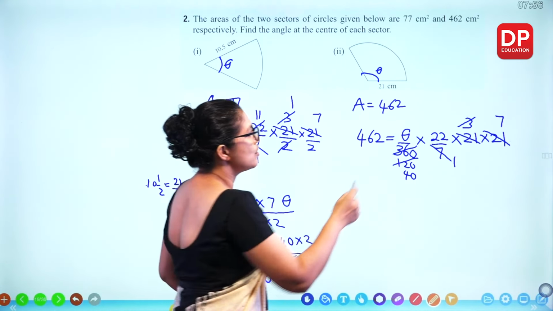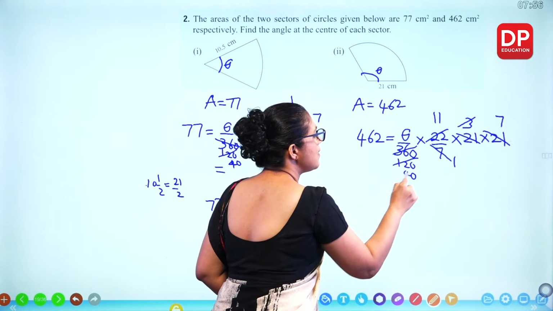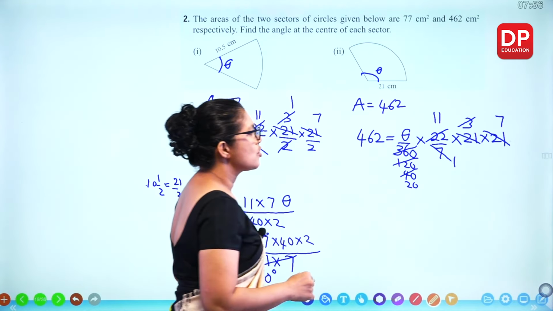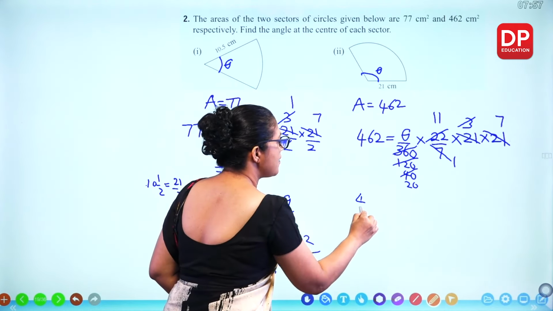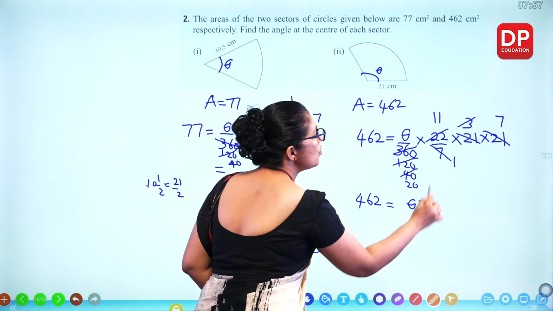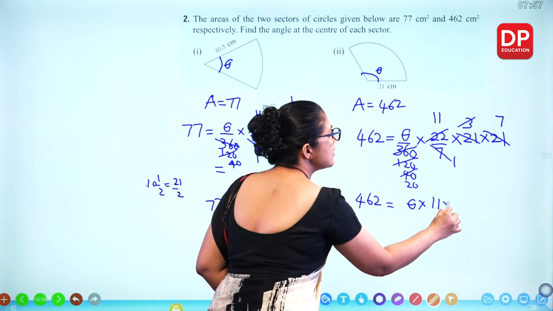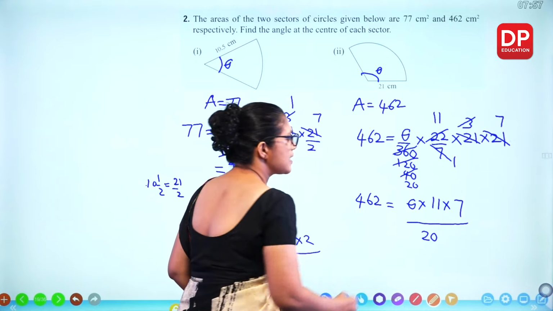What else can we do? We can simplify 22, divide by 2 you get 11, divide by 2 you get 20. So you get 462 is equal to angle into 11 and 7 in the numerator, and in the denominator you get 20.